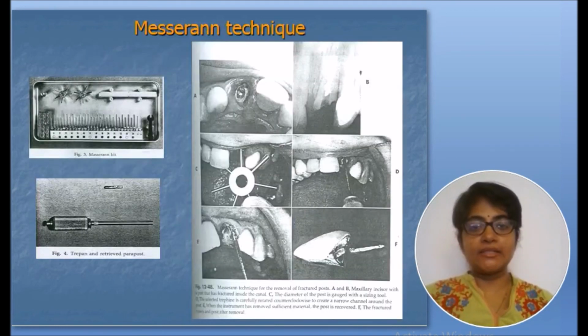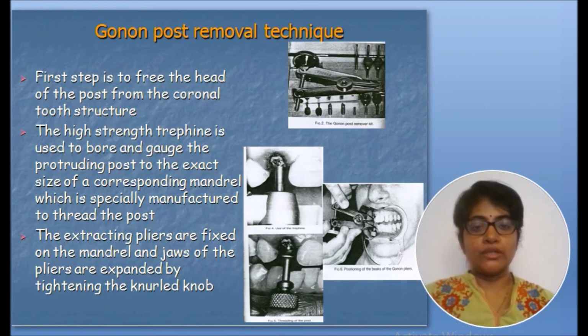There are dedicated systems or techniques for this particular removal, that is Masserann's technique, which has all the instruments in the kit with a trephine, and with the trephine we can insert the trephine in the root canal and then take it out of the tooth. Another is the Gonon post removal technique, and the first step is to free the head of the post from the coronal tooth structure.